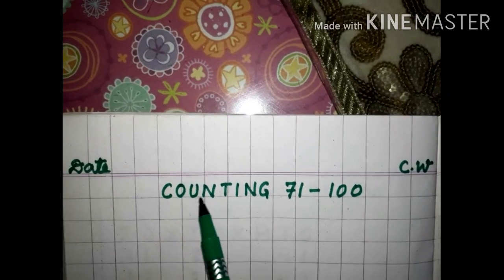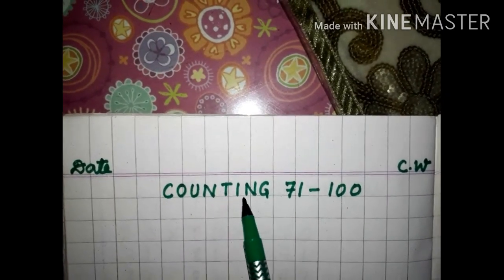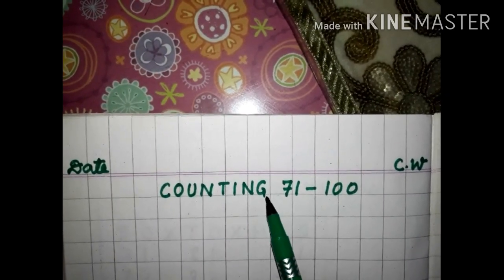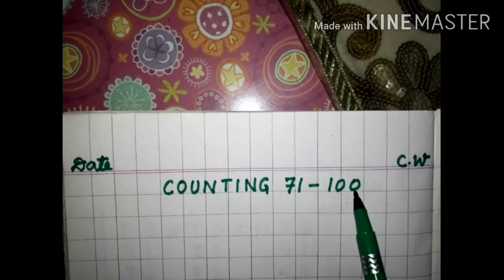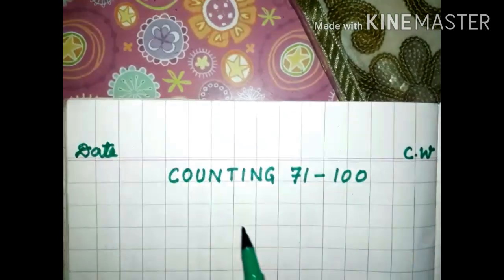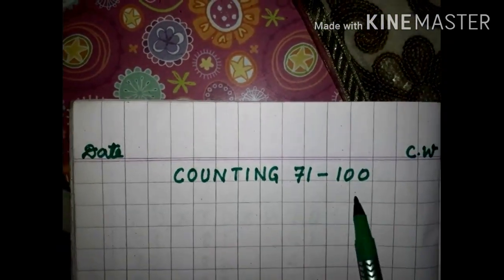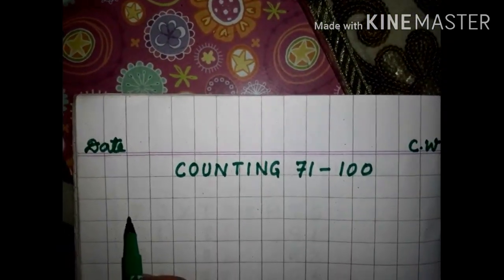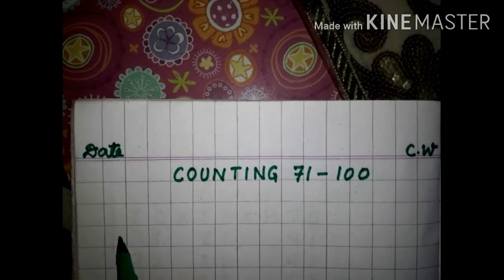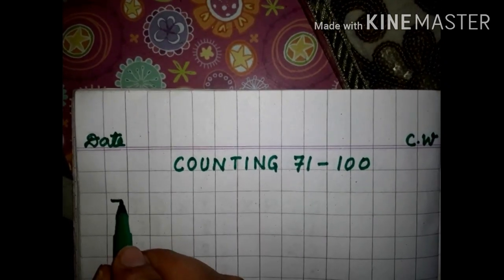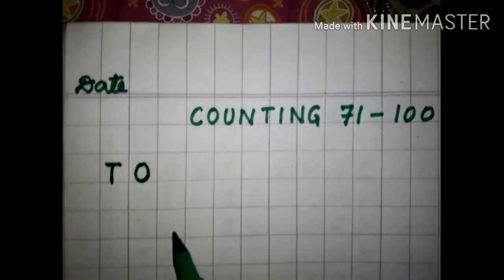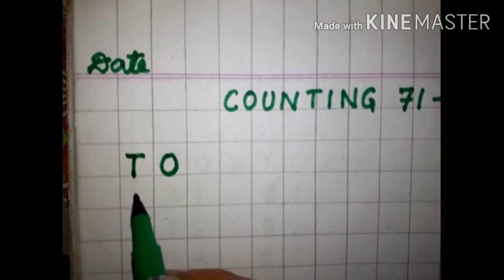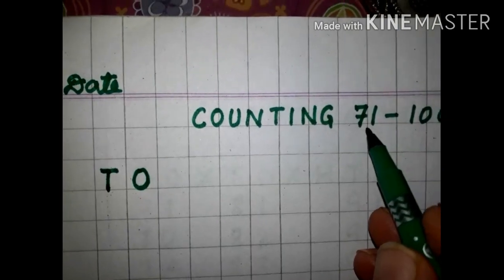C-O-U-N-T-I-N-G, counting 71 to 100. After writing the topic, skip a line, then we will write TO. From which number are we writing?